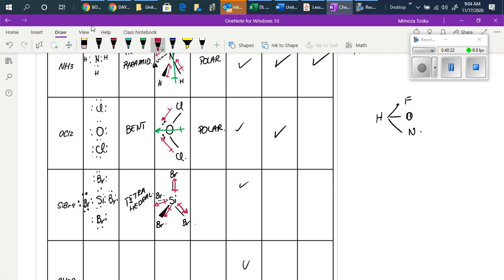However, it's always the same atom that silicon is bonded with, and the difference in electronegativity is the same, and they are in 4 directions. This will make it a non-polar molecule.